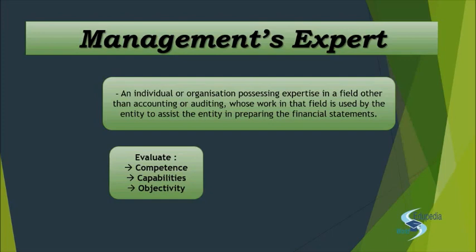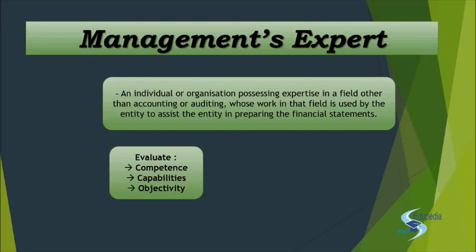Now what is competency? Competency basically refers to the nature of expertise that he has and the level of expertise that he has, right? So when we're talking about actuarial valuation, does he have that expertise in the nature of calculation of those gratuity? Has he qualified the actuarial examination? Is he a part of the Institute of Actuaries?